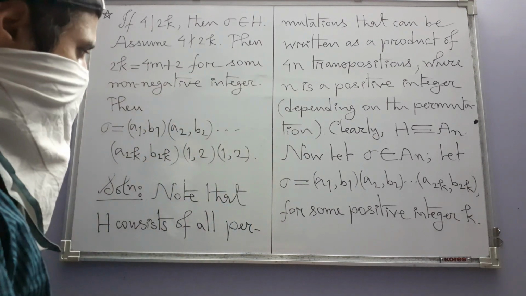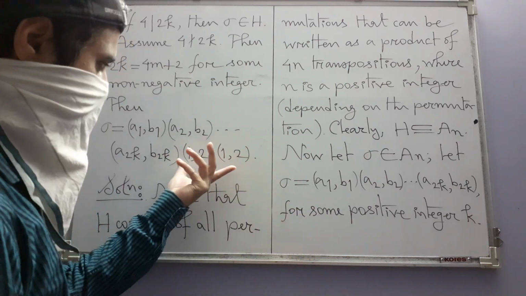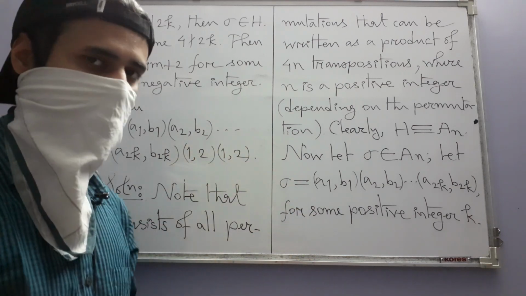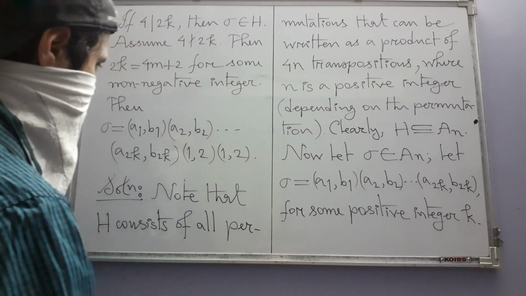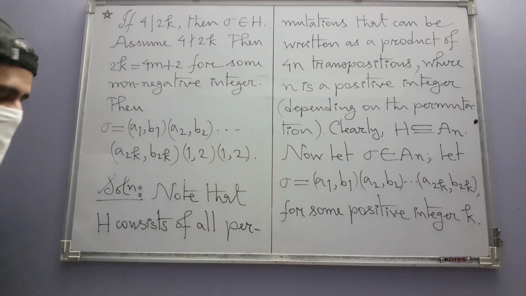Why? That is because this 2 cycle and this 2 cycle, which are the same thing, they will vanish and they will give us the identity permutation.